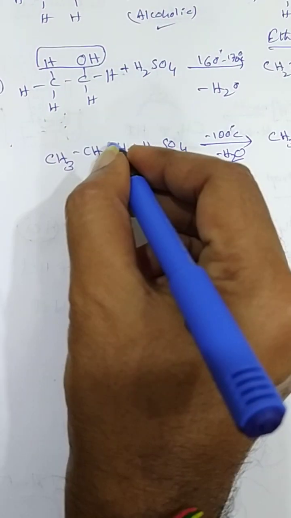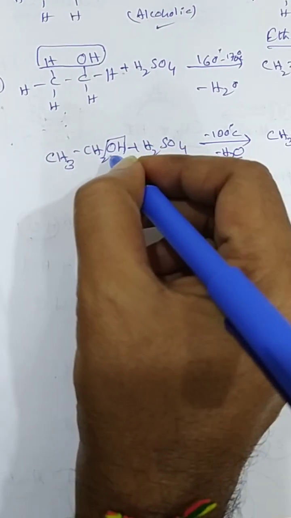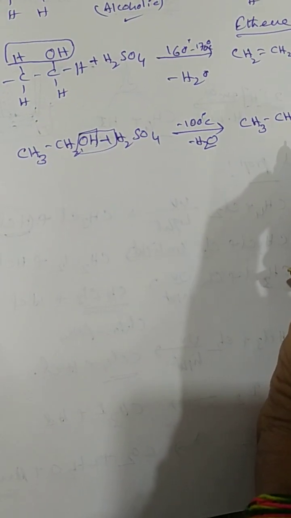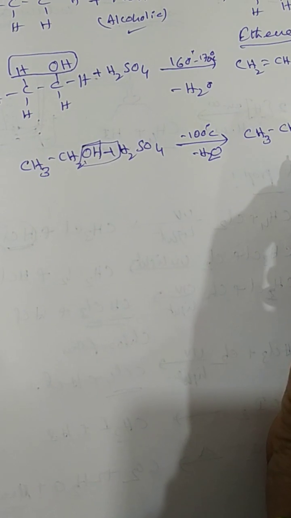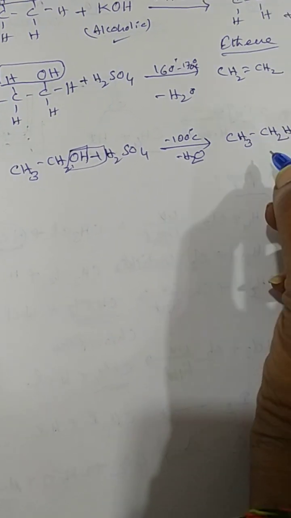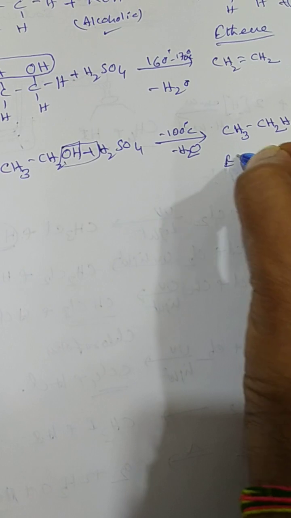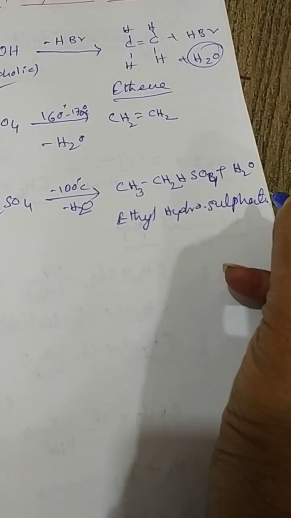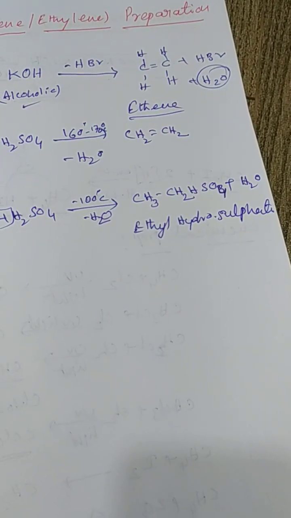This OH group and this hydrogen will make one water molecule here. So this is called ethyl sulfuric acid, ethyl hydrogen sulfate. It will make ethyl hydrogen sulfate.